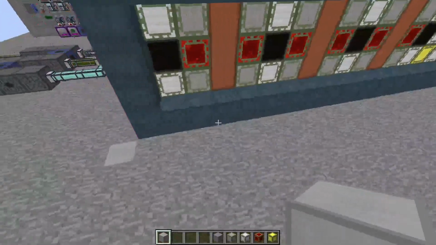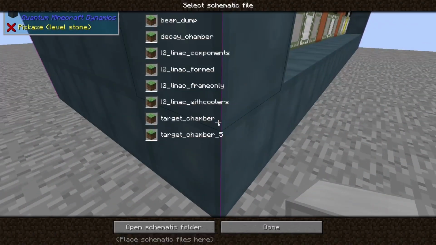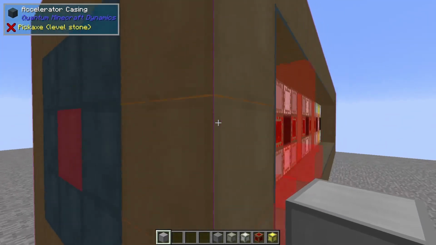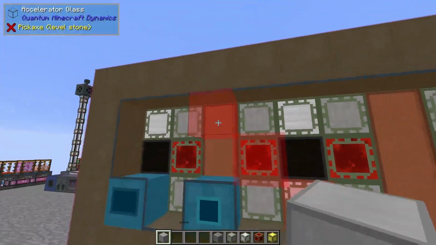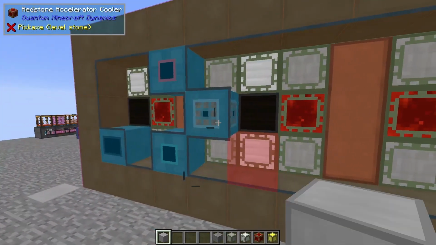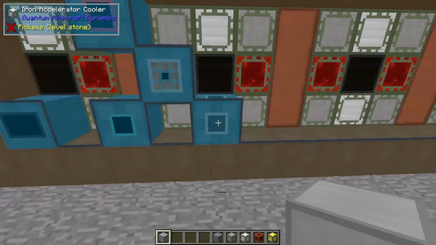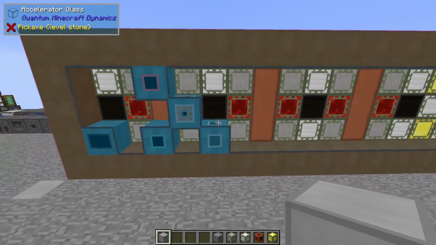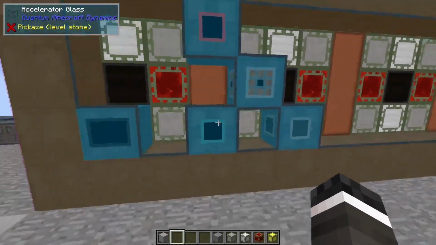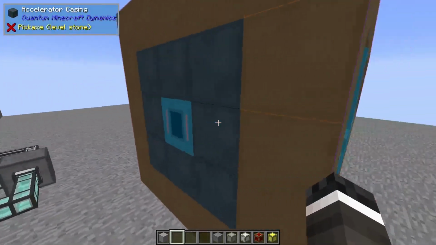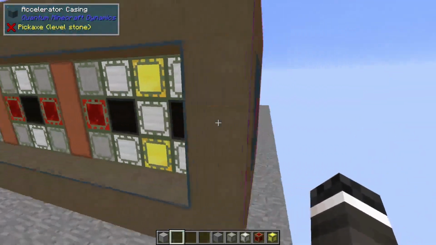And now for the final touches. The final touches are to place the final auxiliary blocks: the controller, 2 coolant vents, the power port, an ion source port, which is not mandatory but helps with automation, the ion source itself, and a beam port.